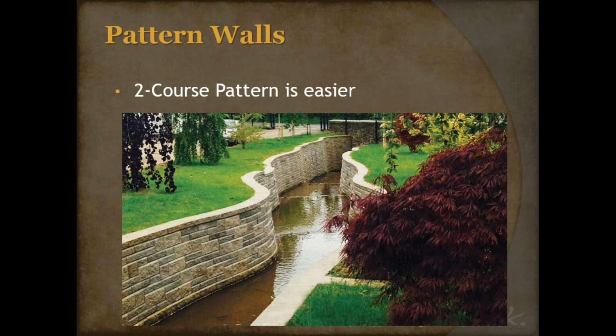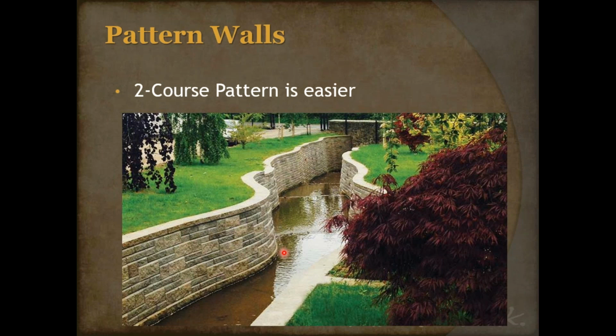Why? Because it's just like that setback pinches the wall when you're doing that outside radius or when you're doing that inside arc and it starts to fan out on you. You're going to be fighting that setback a little bit. And by doing a 2-course pattern, and what I mean by 2 courses, that's 8-inch increments, so 16 inches, if you look close at this picture, you'll see that we've got a horizontal line running through this wall, and then 16 inches above that, or 2 blocks, you've got another horizontal line.